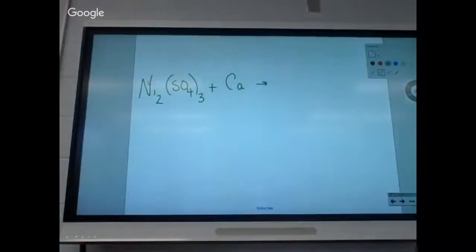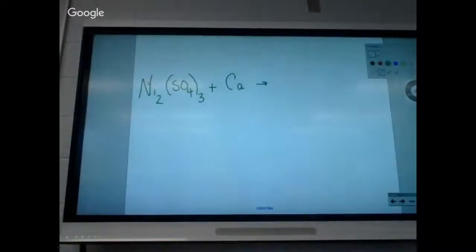I just put a polyatomic ion in. All right, so what do I do first? Look up the oxidation number of each element or polyatomic ion.